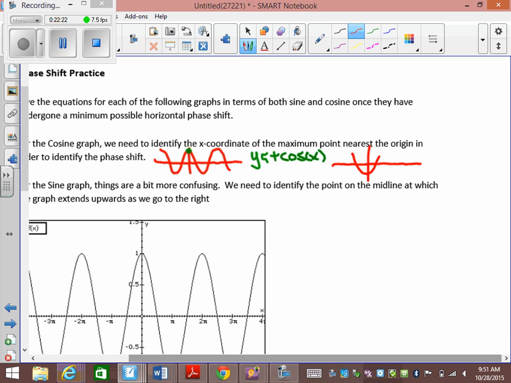Tell you that your a value is negative. So if I looked at the original graph with my a value being negative cos x, what's on the y-axis now? Graph, and I want to figure out the horizontal shift, I'm going to actually look for the closest minimum to the y-axis, see how much it moved. Okay?